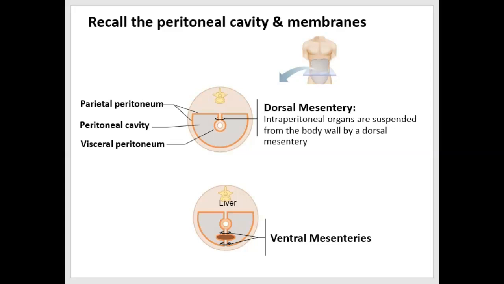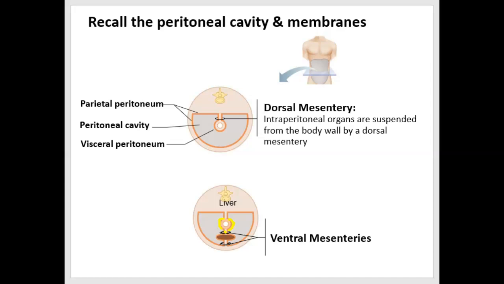In some locations, the visceral peritoneum wraps around both sides of the first digestive organ, so for example, we'll say the liver, and then meets on the opposite side, or the ventral side, forming a new double-layered mesentery. We would call this a ventral mesentery.